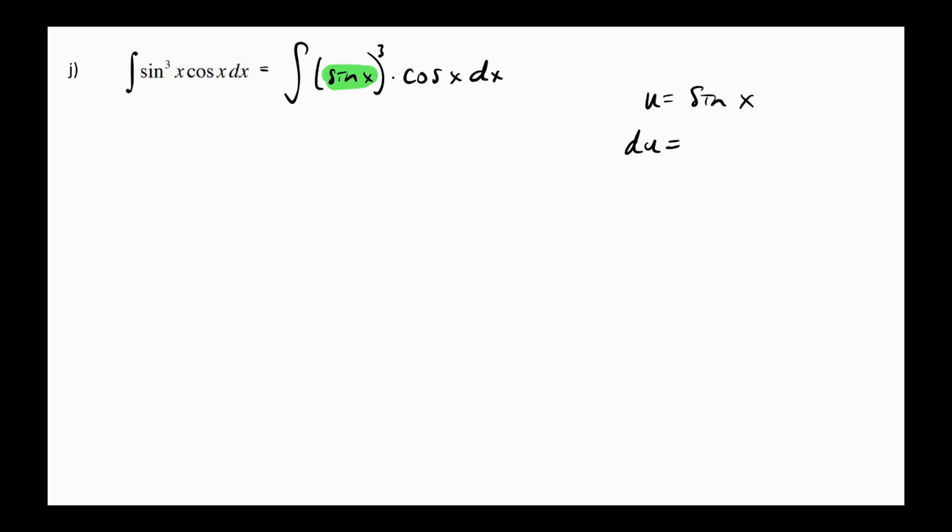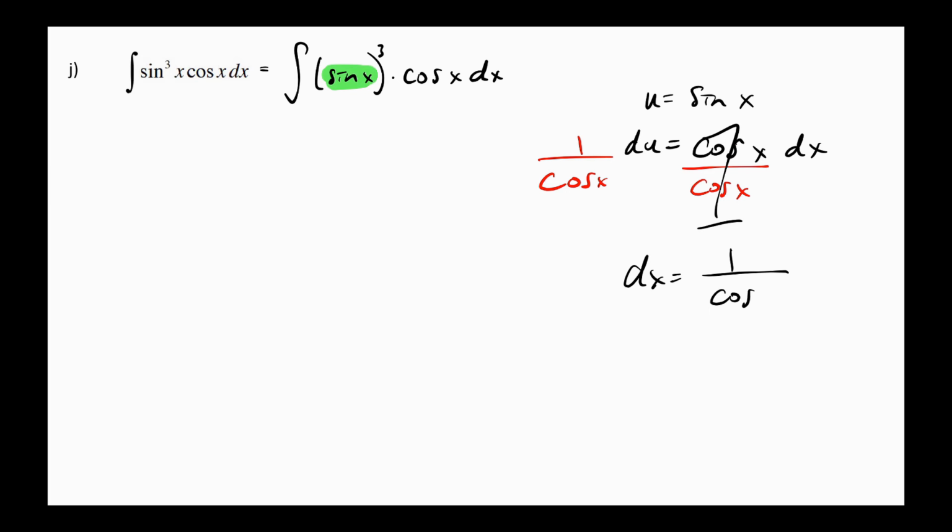What would my du be? Cosine of x dx, right? The next step, divide by cosine of x. So dx equals 1 over cosine of x du.